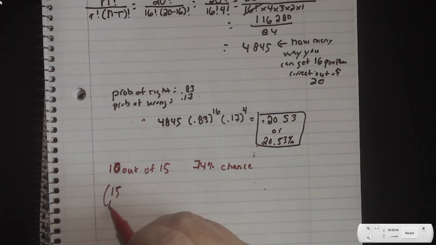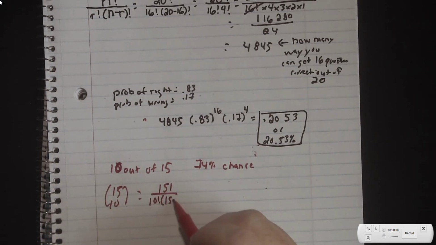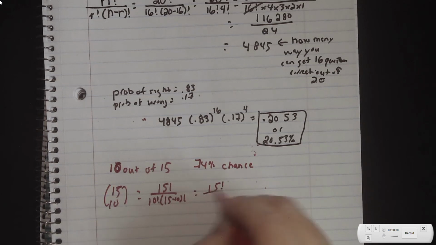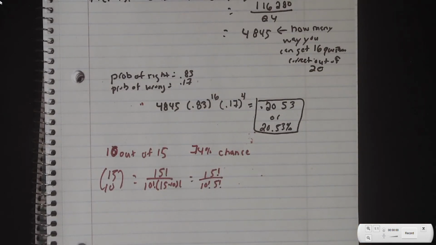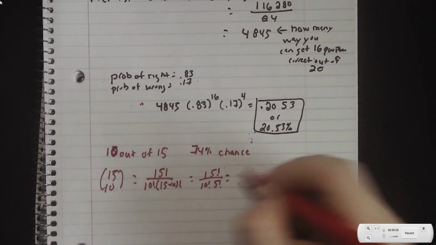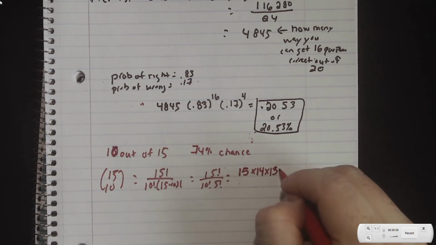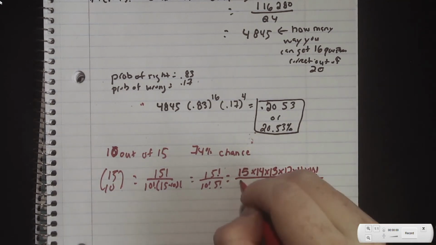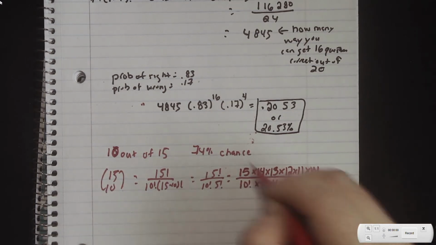So 15 choose 10 gives me 15 factorial over 10 factorial times 15 minus 10 factorial, which ends up being 15 factorial over 10 factorial and 5 factorial. So I'm going to end up with 15 times 14 times 13 times 12 times 11 times 10 factorial over 10 factorial times 5 times 4 times 3 times 2 times 1.